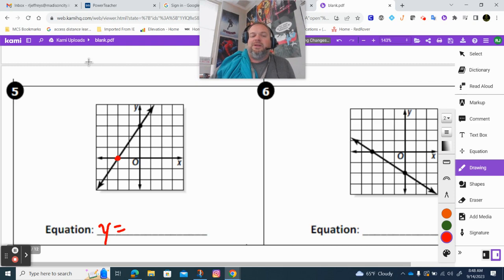Also, we only want to look at the points where this little grid meets. None of this little halfway stuff because that's just confusing. All right, so it looks like we go over 1, 2, and we go up 1, 2, 3. Now that's what's funny because this is our B. We went up 3, so guess what? 3.